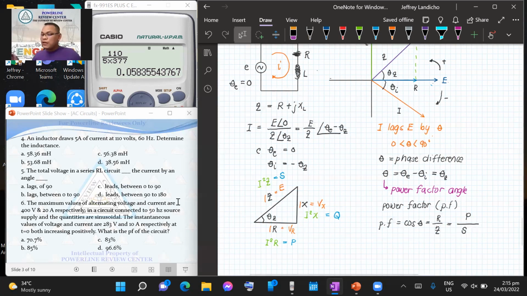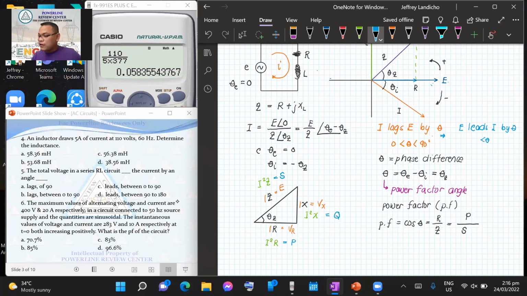So ibig sabihin, pwede kong i-replace ito. So, unahin ko si voltage. So, lumalabas voltage also equivalent na voltage leads current by theta. Parehas lang yan. Kung nahuli si current, ibig sabihin nauna si voltage. Kaya pwede rin natin siyang sabihin, voltage leads the current by how many?